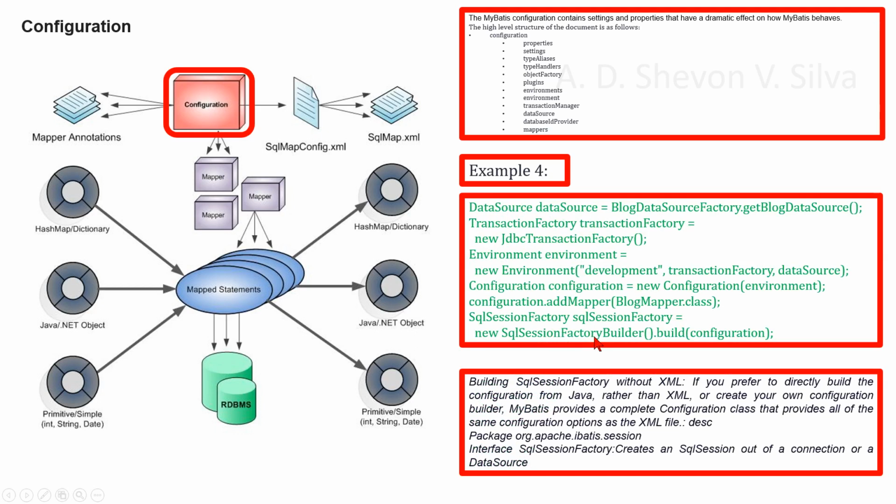Now we are considering building a SQL session factory without XML. If you prefer to directly build the configuration from Java rather than XML, or create your own configuration builder, MyBatis provides a complete configuration class that provides all the same configuration options as the XML file.